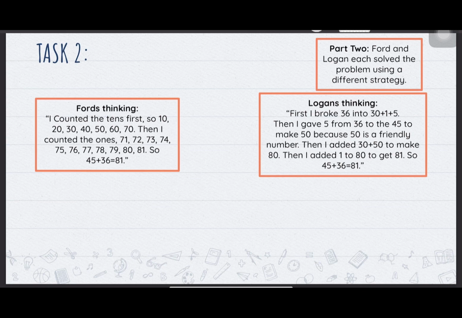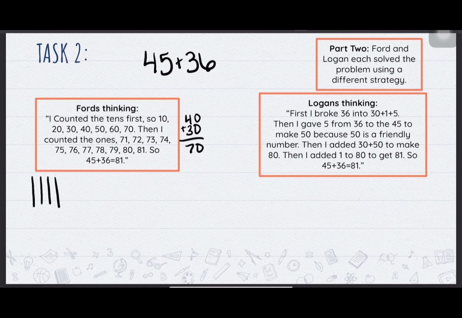So let's rewrite our problem at the top. 45 plus 36. So Ford said that he counted by tens first. So we're going to do 40 plus 30, which is 70. That's how we got our 7 tens. So 1, 2, 3, 4, 5, 6, 7.